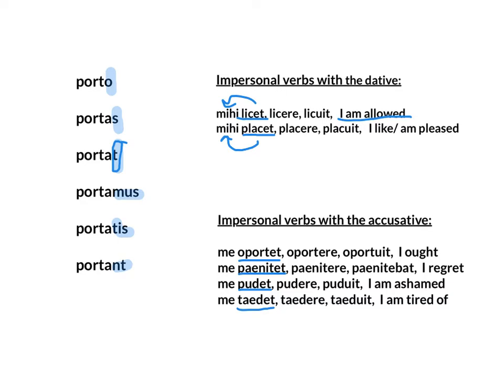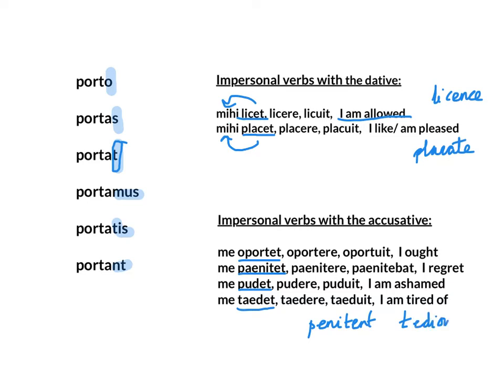Many of these words have got English derivations which help us to remember what they mean. So for licet, you might remember the English word license. For placet, think placate. If you placate somebody, you please them. For paenitet, think penitent, someone who is ashamed to an extent. And taedet, well, the English word that comes from that is tedious.